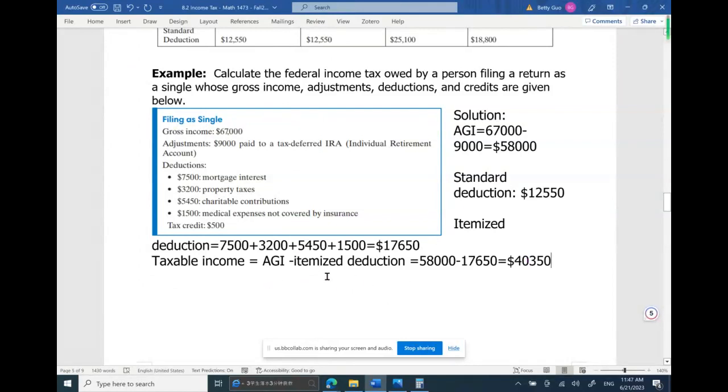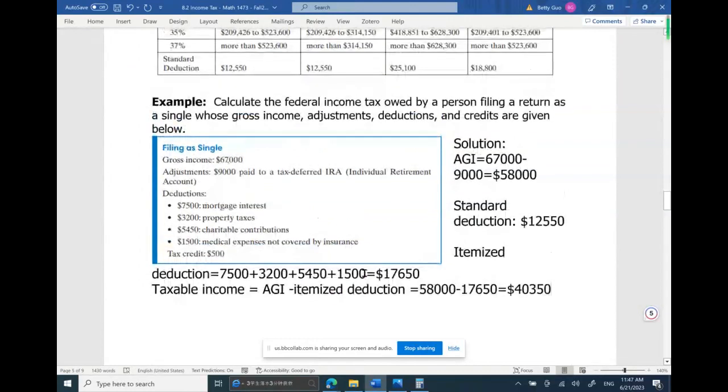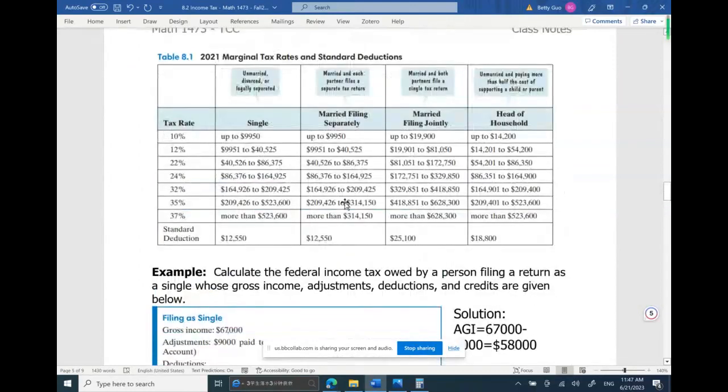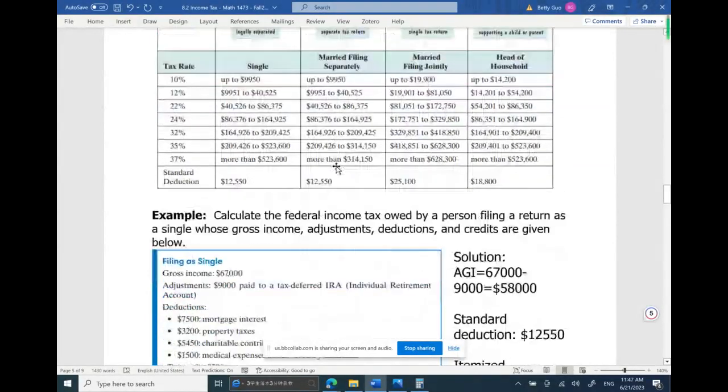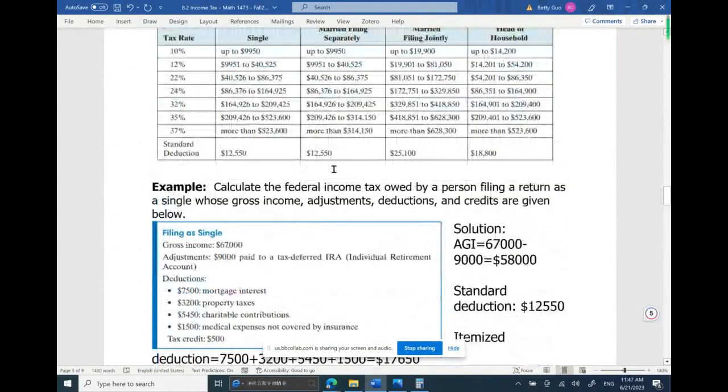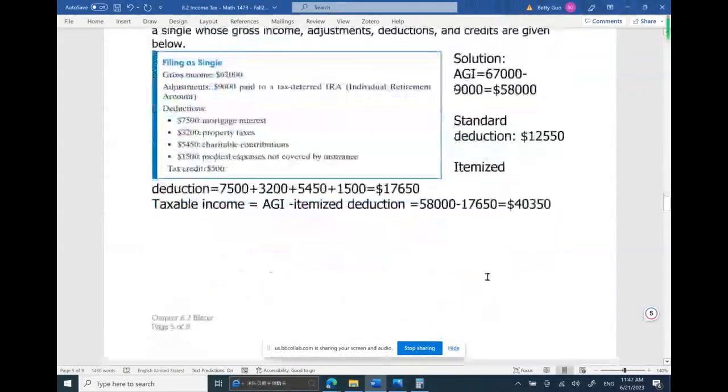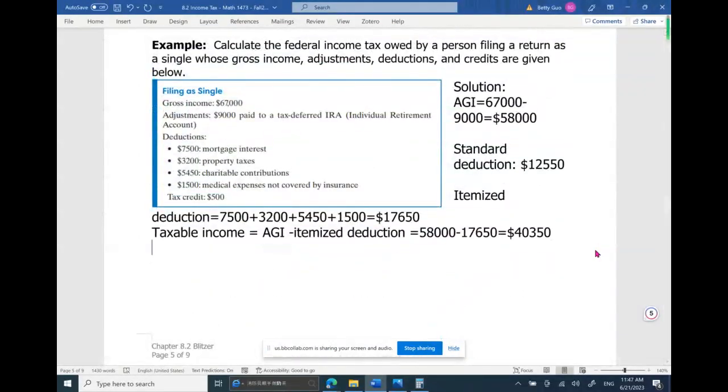Now we're going to use this table to calculate the tax he either owes or the IRS is going to refund to him before applying the tax credits. The tax credit is the last step. So we are going to do step 4. Let me highlight this amount, taxable income.